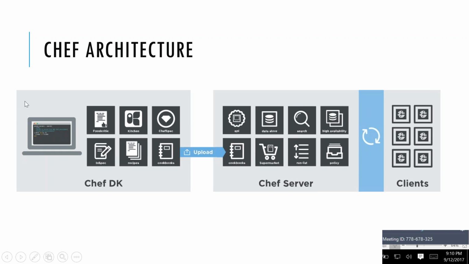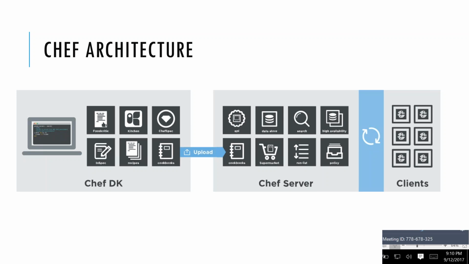The first part, where it is mentioned as Chef DK, is my Chef workstation. Chef DK is nothing but the Chef Development Kit. All the development activities we do in Chef, whether code creation or code testing, whatever it might be, we do only in our Chef workstation.